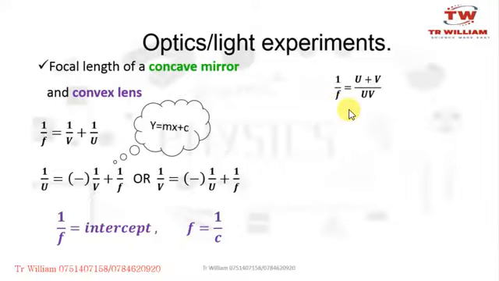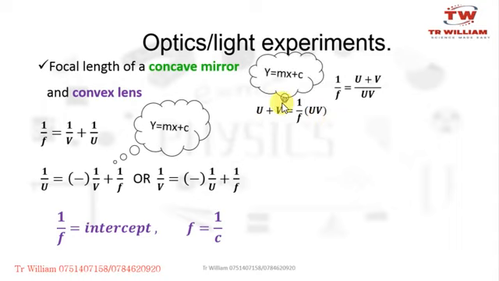If we cross multiply to make it linear, we have u plus v equal to 1 over f times uv. So if I plot u plus v against uv, this is y, uv is the x-axis, so 1 over f is in whose position? Good, in the position for slope. So my slope will be 1 over f, meaning I can get f by dividing 1 by the slope.